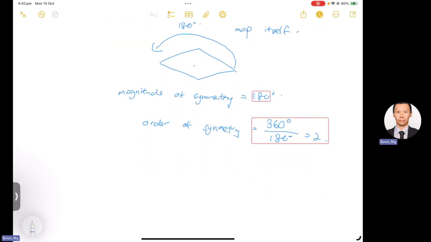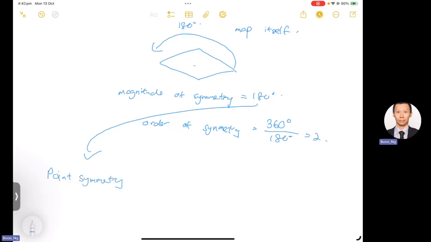So when the magnitude is 180, there's also a special name for it. It's called point symmetry, when the magnitude is 180 and the order is 2.